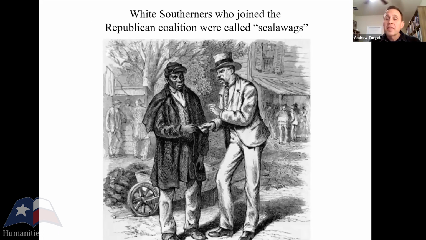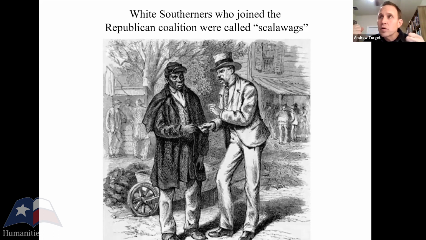The largest group actually in the Republican Party in Texas that's coming into form in the late 1860s are Southern whites, Southern former Democrats in some cases, who joined the Republican Party, right? And these are often called scalawags by people who don't like them. And I wish we had a better term for them. I need to come up with one. But these are people who joined the Republican coalition.